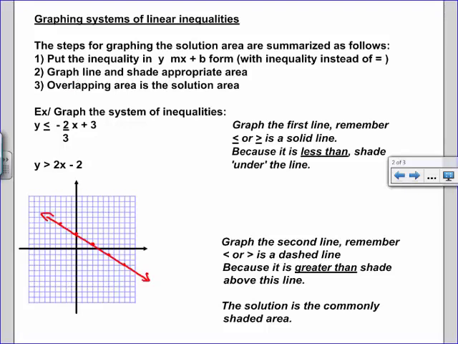Now you have to decide, are you going to shade above or below? Well, less than, you're going to be shading below it. And what I advise you to do is just draw your lines at an angle for the shaded area. Doesn't matter what angle.